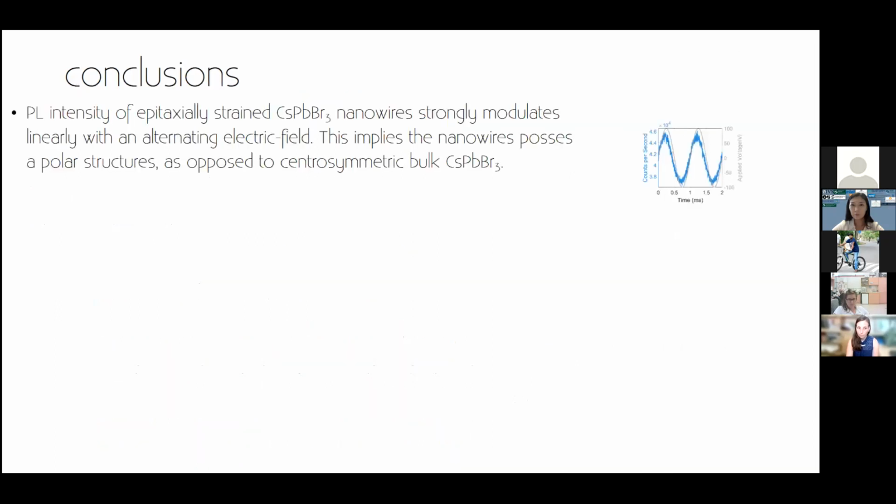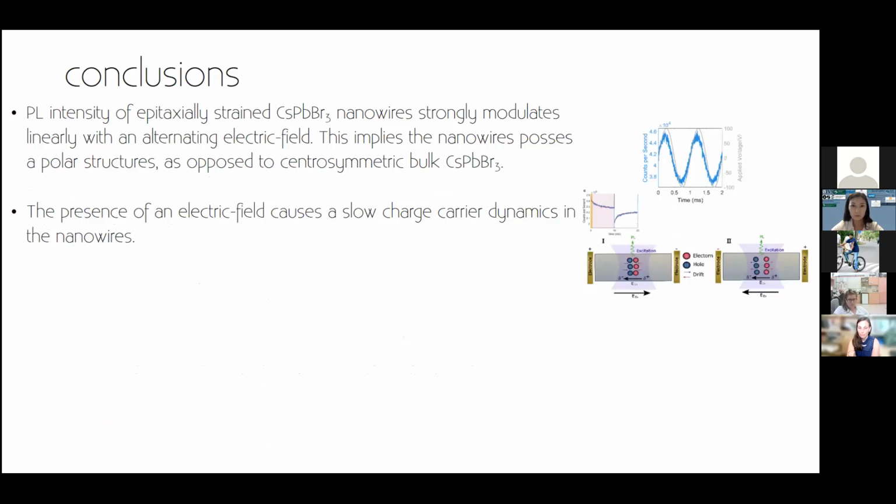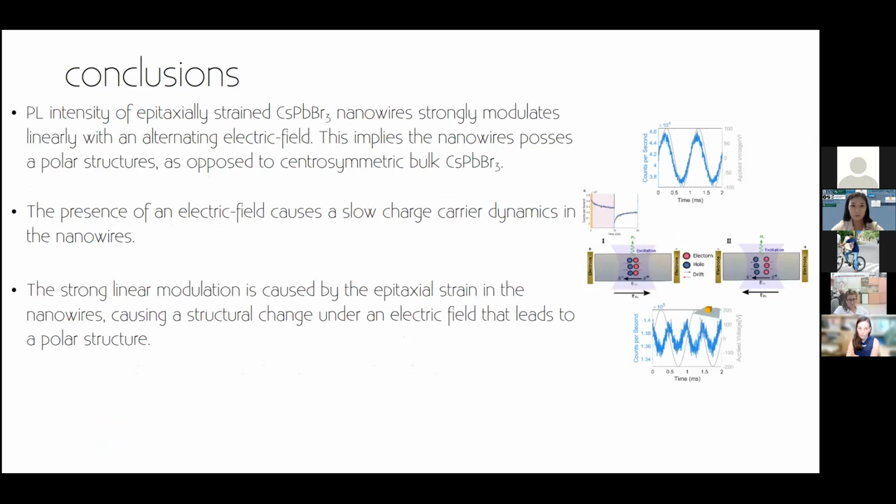So to conclude, we see that the PL intensity of epitaxially strained cesium lead bromide nanowires strongly modulates linearly with an alternating electric field. And this implies that the nanowires possess a polar structure as opposed to a centrosymmetric bulk cesium lead bromide, as I showed you. The presence of the electric field causes slow charge carrier dynamics in the nanowires. We saw the exponential decay and rise.